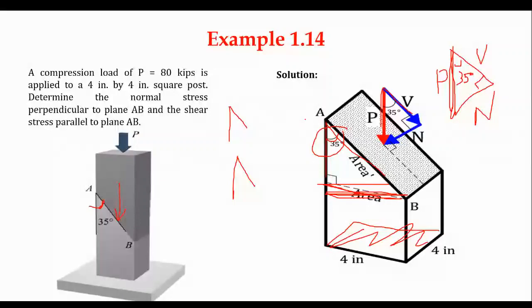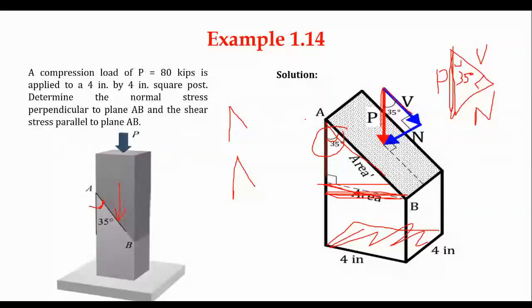Now, we are already good in substituting the values. So, ang normal stress AB is just equal to the force applied over area AB. So, N over area prime equal to 45.886 divided by 27.895. So, we have this 1.645 KSI.